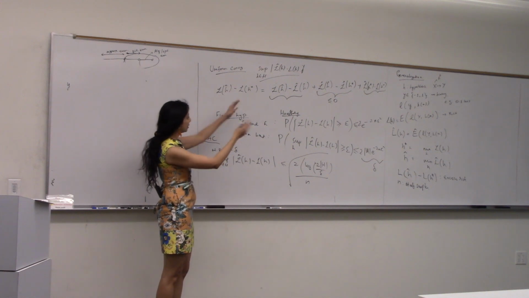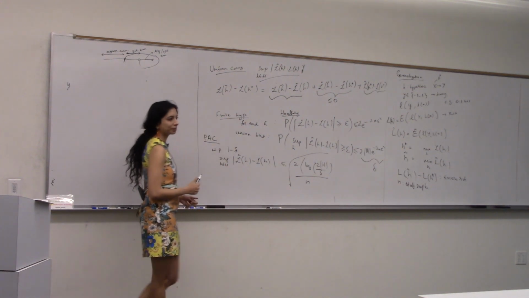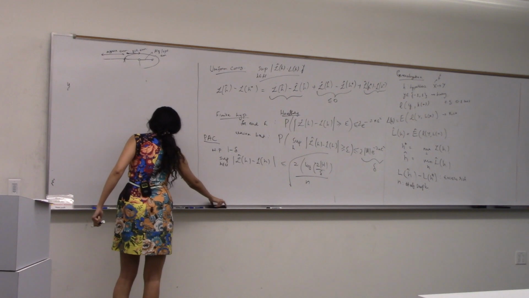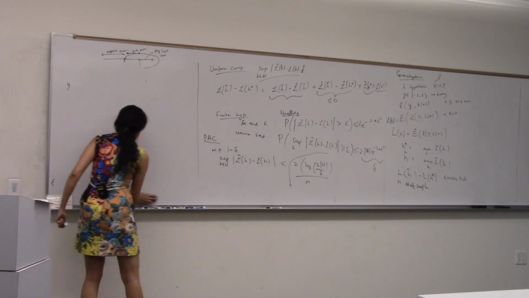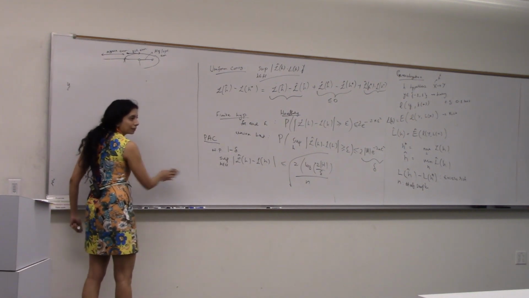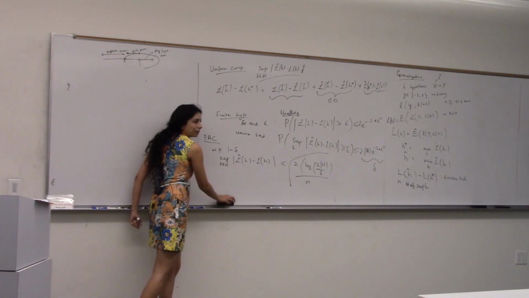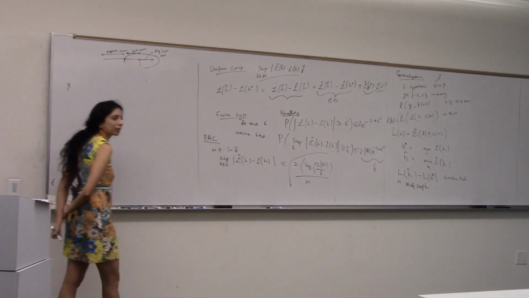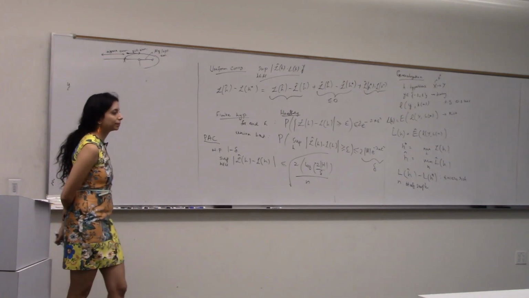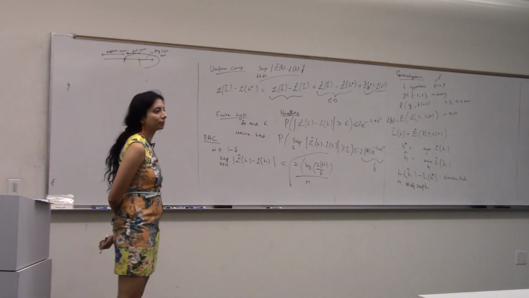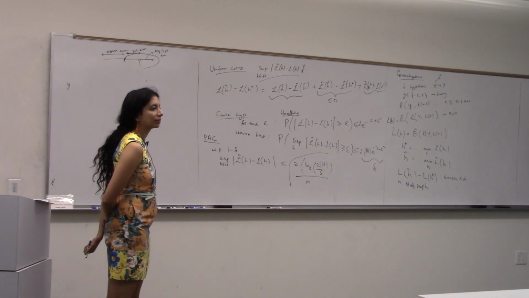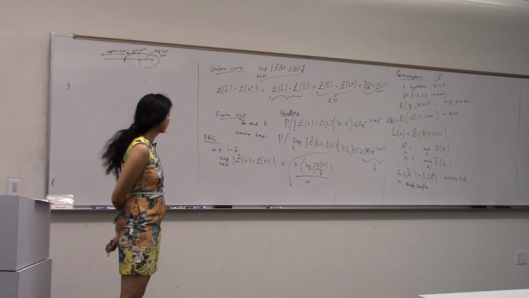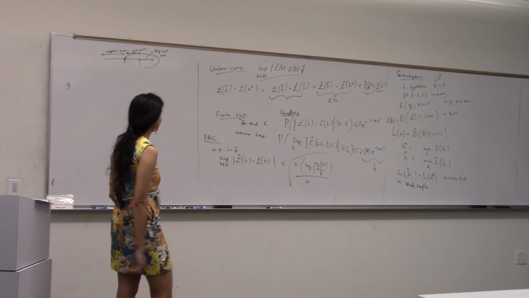I mean twice, right? That's why we're just bounding this. This implies excess risk is also bounded by twice that amount. Any questions here?